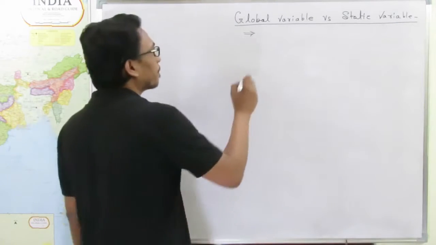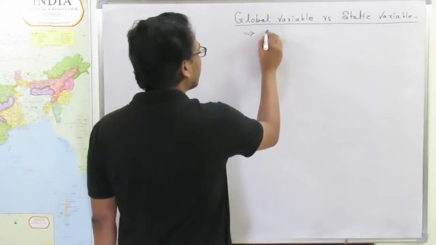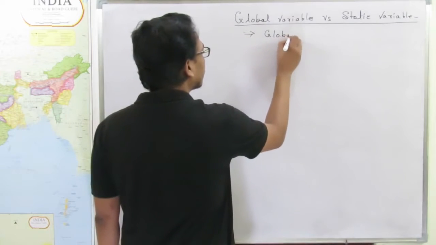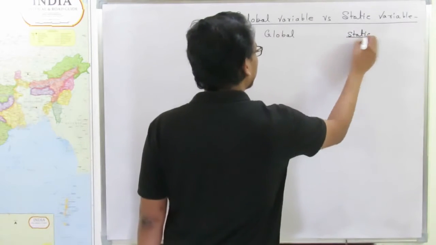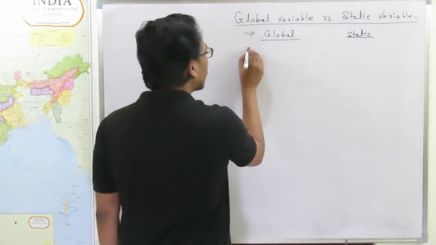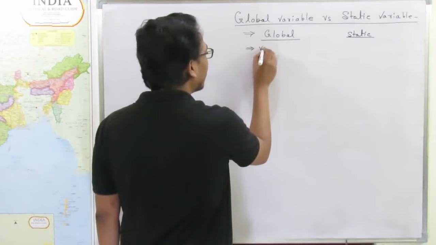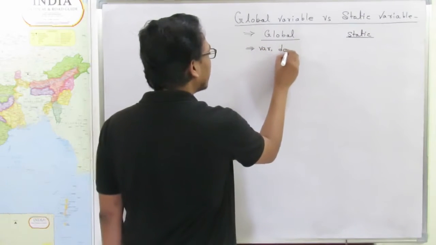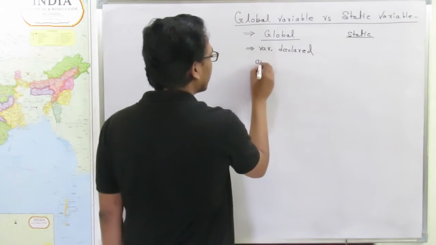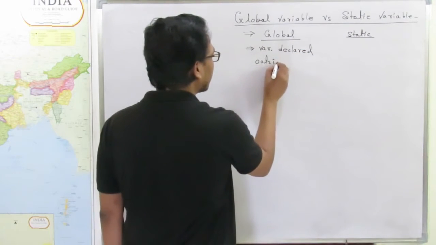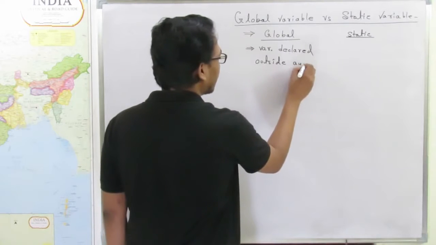Clear? So global variable, then static variable. In case of global variable, it is declared outside any block.